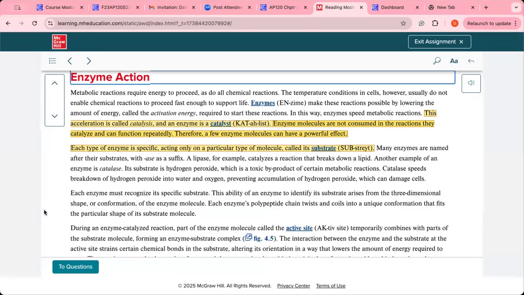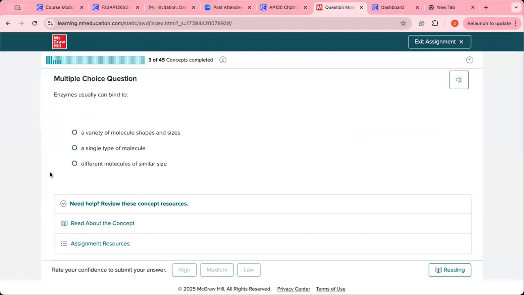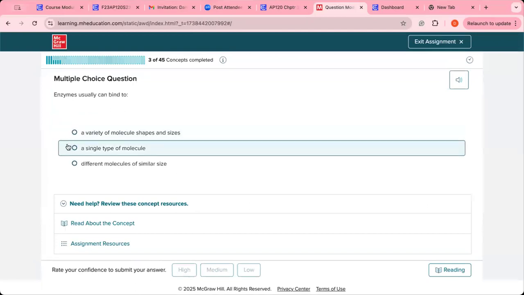Many enzymes are named after their substrates with "ase" as a suffix. So it's a specific substrate that is the answer to that question. A single type of molecule.